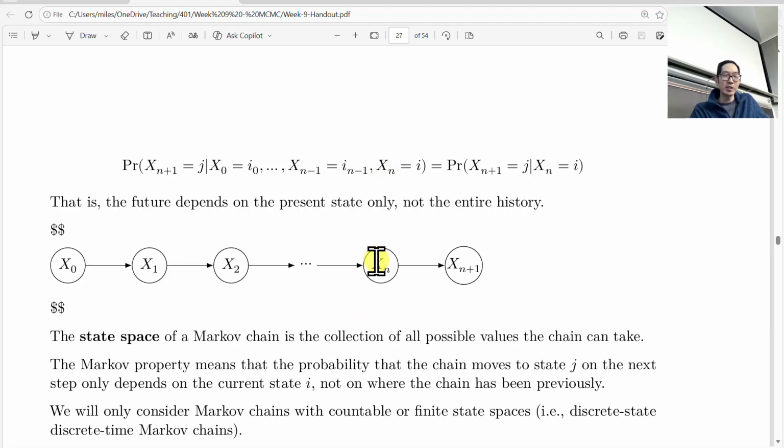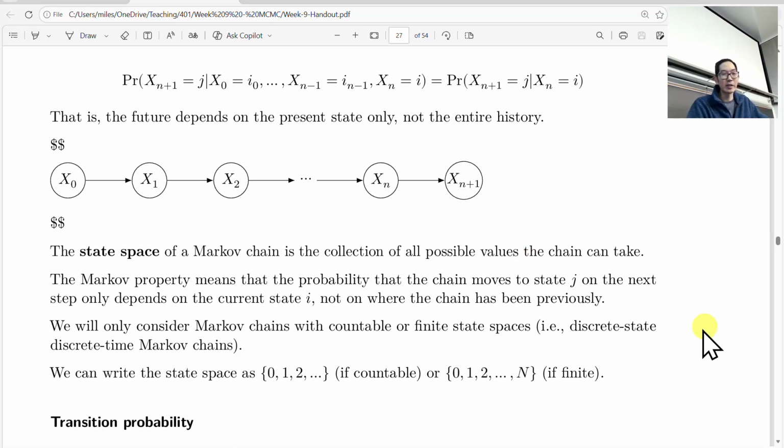What it is here determines the next one, not the entire thing. The state space is all of the possible values that the chain can take. And the Markov property means that the probability that the chain moves from state i to state j on the next step only depends on the current state i and not any of the other history.